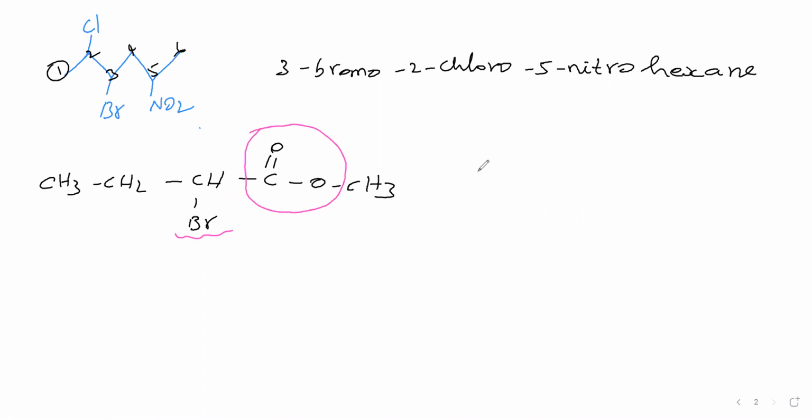For ester, how do we say the name? For ester, we will say the name as alkyl alkanoate. Generally, we say that for all the compounds the ester name has to come like this. This alkyl means the group that is directly attached to the ester oxygen.